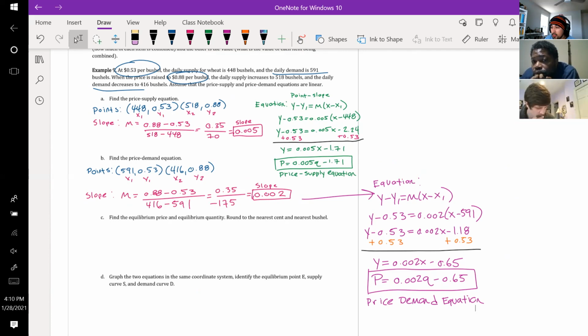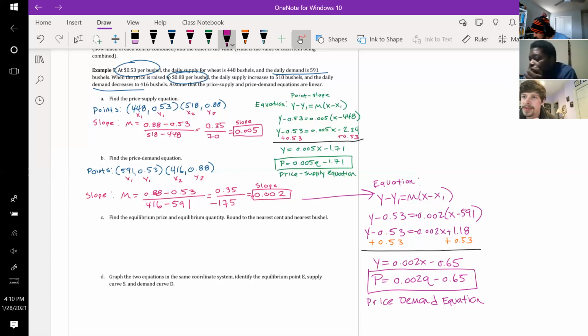What did I do? Did I forget my negatives? I did forget my negatives, didn't I? Oh boy. That's dangerous. Yeah, this number should have been negative right here. The slope. It's not going to hurt too much. That's going to be positive, and we are instead going to get, what is it? 1.18 plus 0.53.